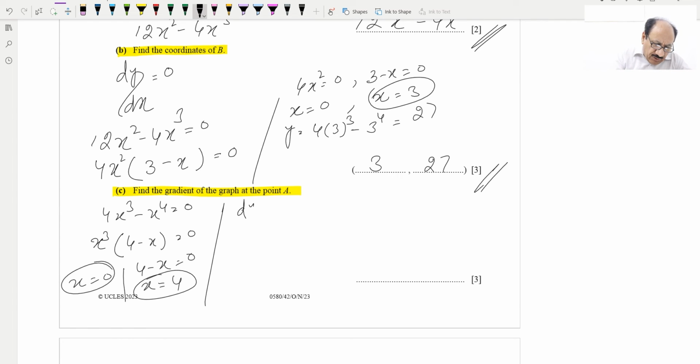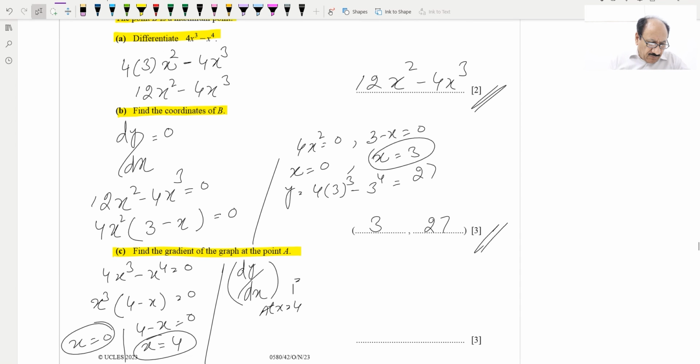Gradient means we will find dy by dx. We know dy by dx is the gradient, and dy by dx we have already found, which is 12x squared minus 4x cubed.